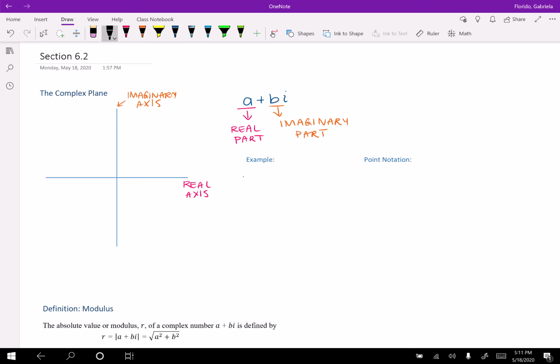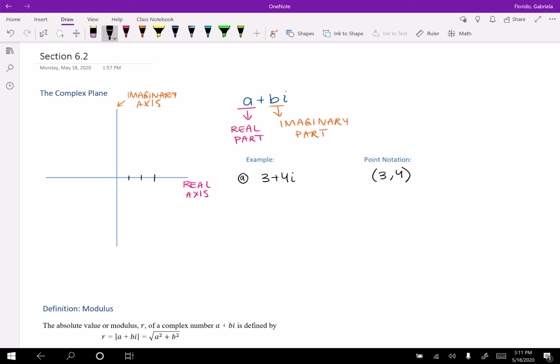I'm going to call this example A. Let's suppose that we have the complex number 3 plus 4i. This is the same thing, in point notation, as (3, 4). When graphing it in the complex plane, my real part is 3, so we move horizontally 3.